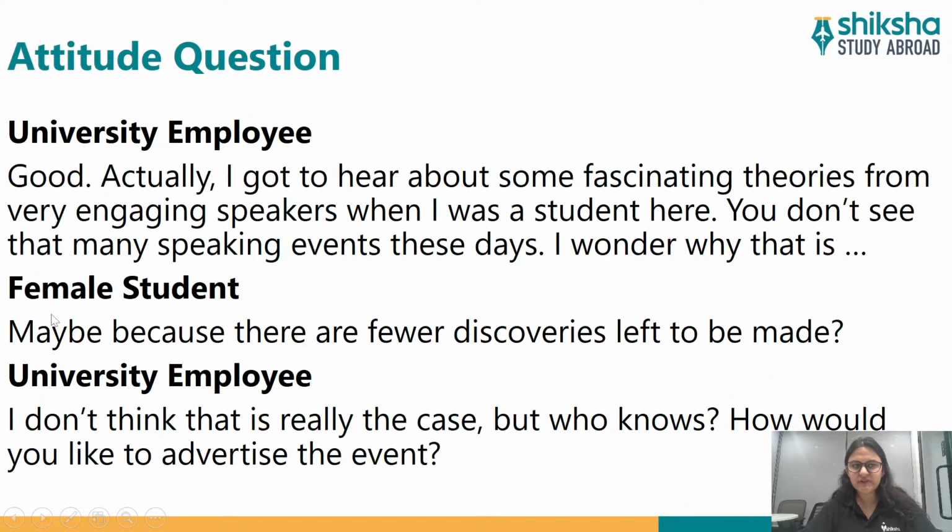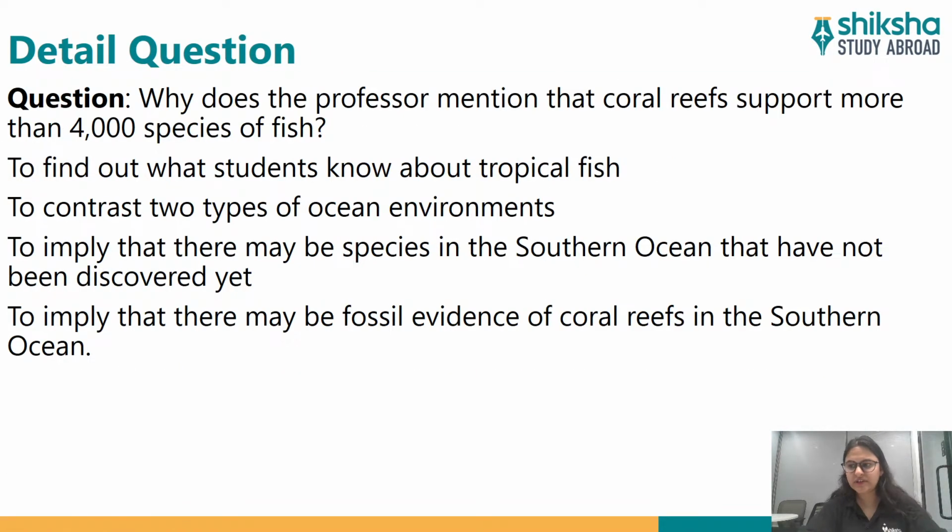Out of these 4 options, you will have to select one correct option. So you'll have to see what details are required by the question, and what answer can be the best for this particular kind of question. So a detailed question basically asks you for the reasons, and it basically starts with why. Again, the reason or the consequence behind it.